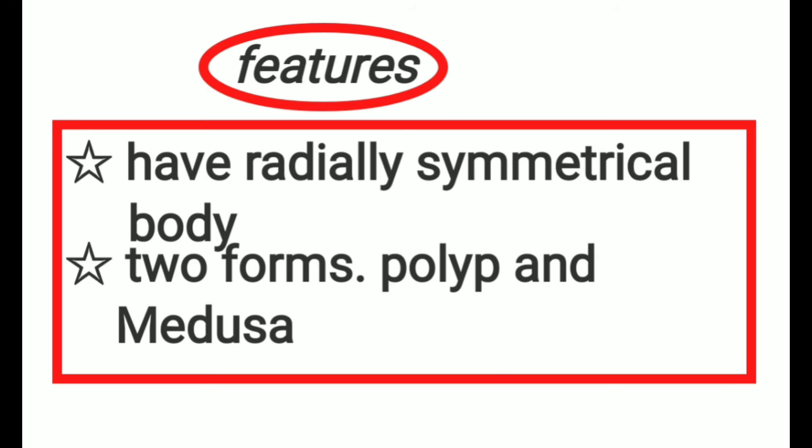Polyps are fixed to the soil, so they can't move or locomote. Medusae are free-floating organisms. Hydra and sea anemone are included in the polyp group. Included in the medusa group, which is free floating, we can get jellyfish.